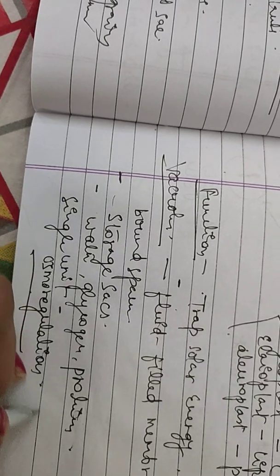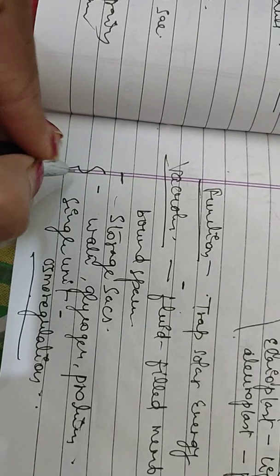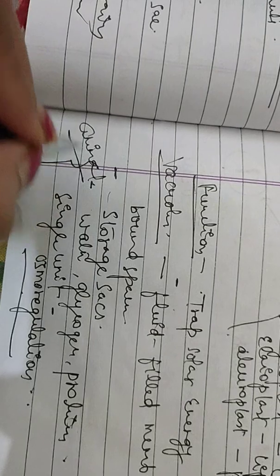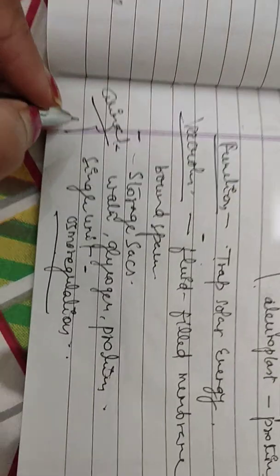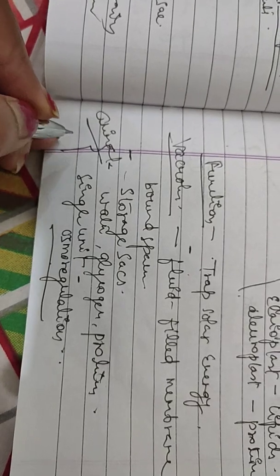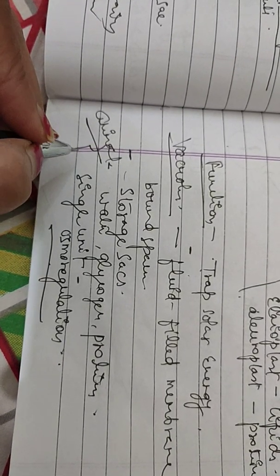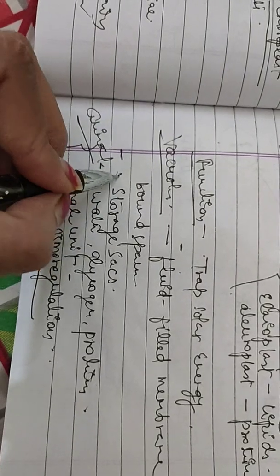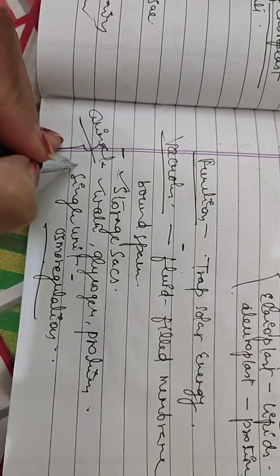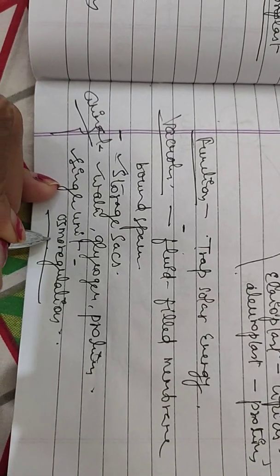This structure I am telling about is in the animal cell. In an animal cell it is present in very small size, and the structure is totally temporary, and it is a kind of storage sac. It stores water, glycogen and protein, has a single unit membrane, and helps in osmoregulation.